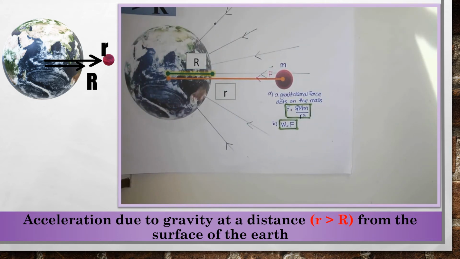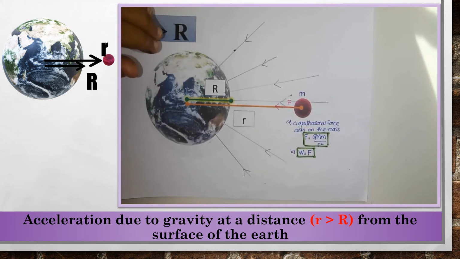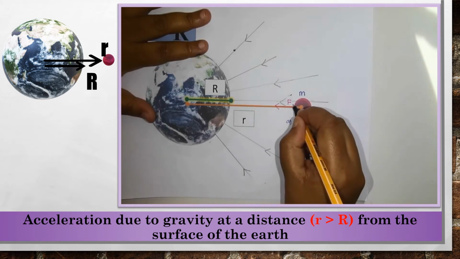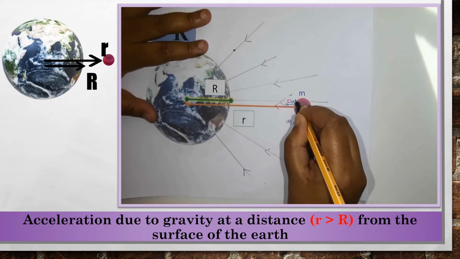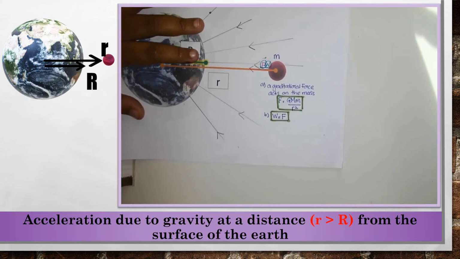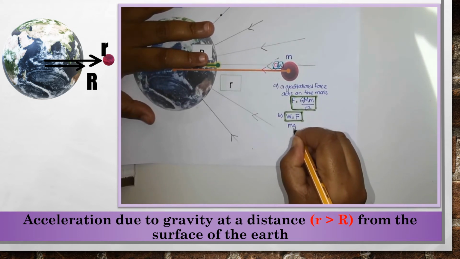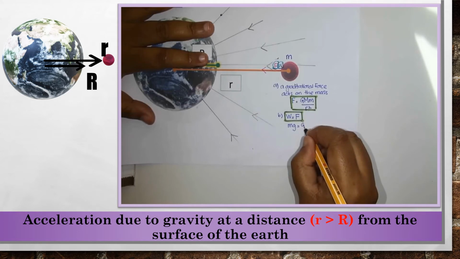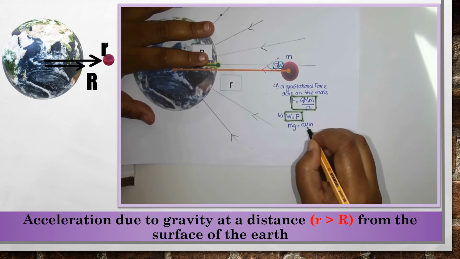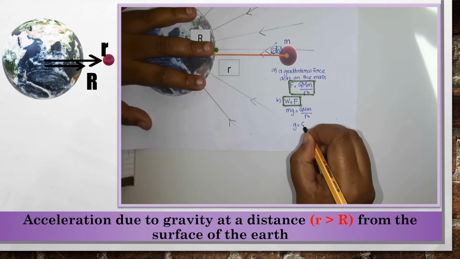So the weight of the body equals the gravitational force on the body. There is a weight here, which I'm going to draw with a green pen. This is the weight of the body, W, equal to the gravitational force on the body. So W equals F, and we know W is mg, and F is GMm over R squared. And then we get g equals GM over R squared.